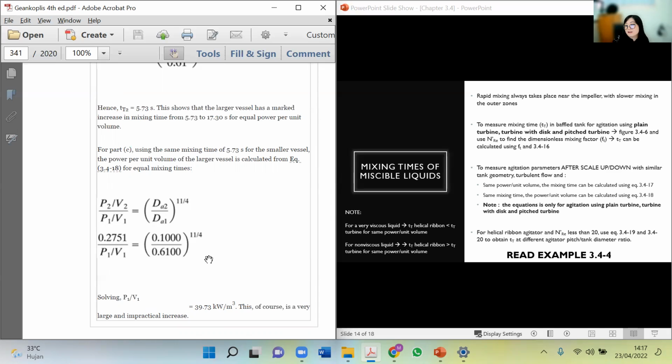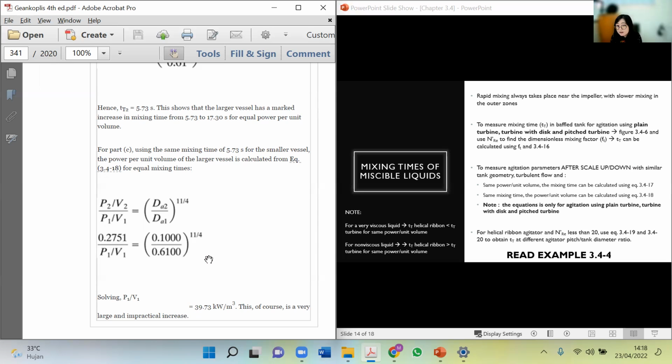Okay. So the logic is, if we have the original tank and then scale it down to a small tank, and we use the same power per unit volume ratio, then of course the mixing time will be reduced, because it uses the same power but for a smaller volume, so it will require shorter time.